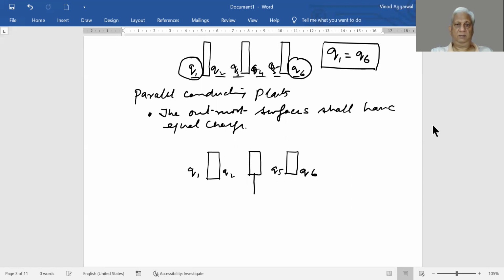If we earth any of these plates, like this is the configuration before we flip the switch. The switch is open and the charges are Q1, Q2 on this plate, Q3, Q4 on this plate, and 5 and 6 on this plate.